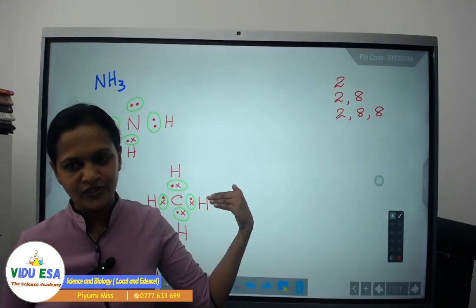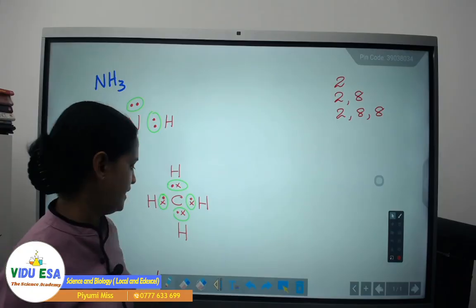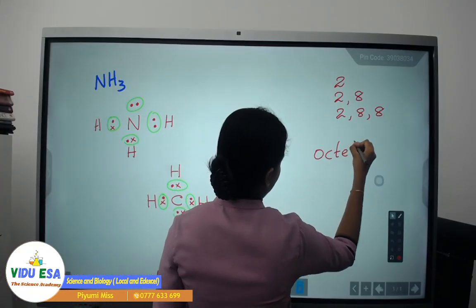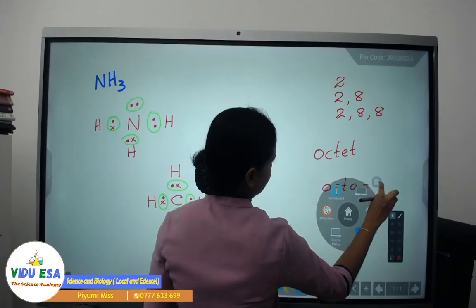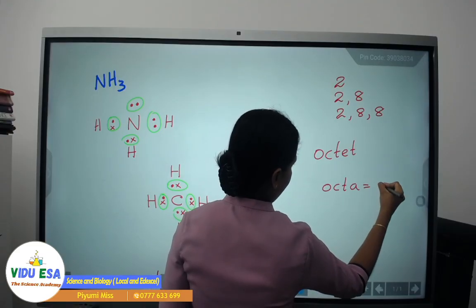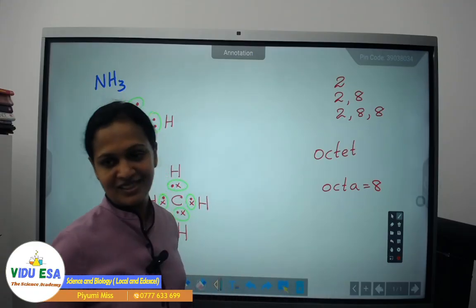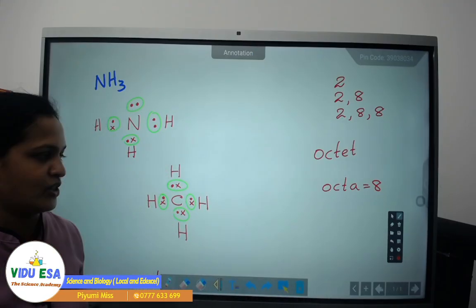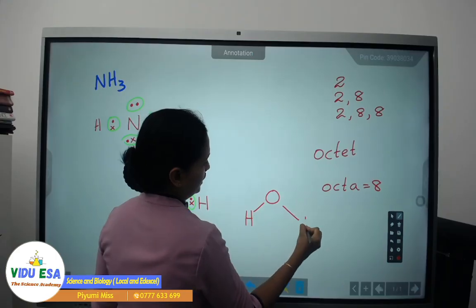So in most cases, these 8 electrons are completed. We call this the electron octet. Octa is for 8, right? So the electron octet is completed for most of the atoms.